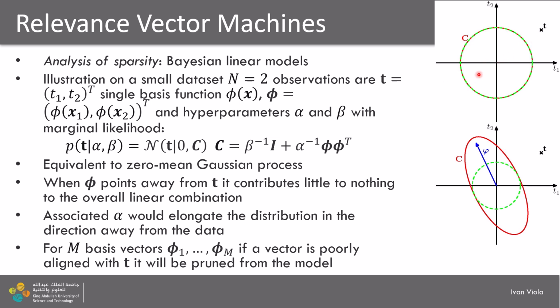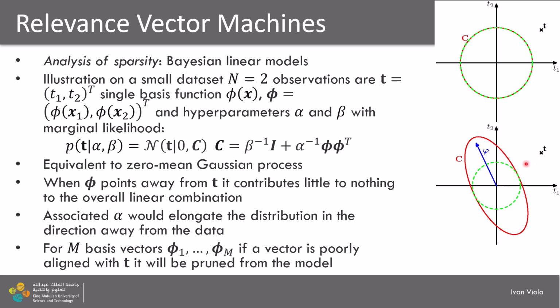However, we can add our basis function. Imagine that we perform the transformation of x1 and x2 in this two-dimensional space spanned by the t1 and t2 axes, where the target vector t is here.